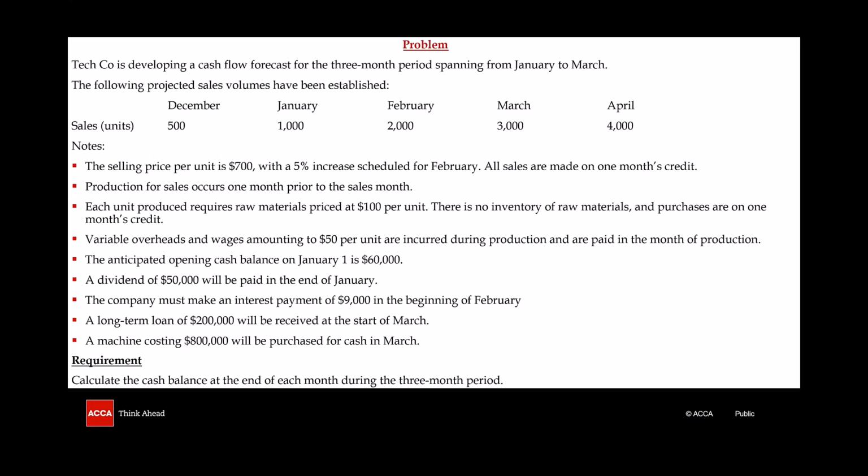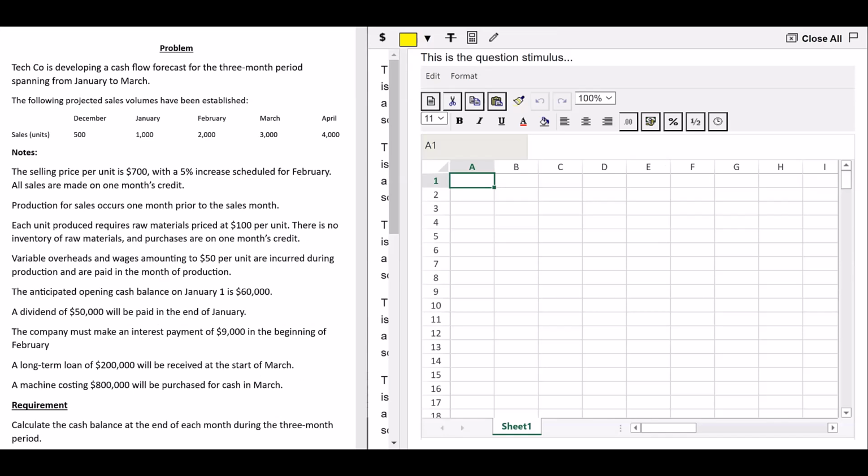You are highly recommended to pause the video here, go try solving this question, and then get back to compare your answers. Now, loading the problem on the constructed response workspace and pre-filling the requirements of the question, and then let's solve it.